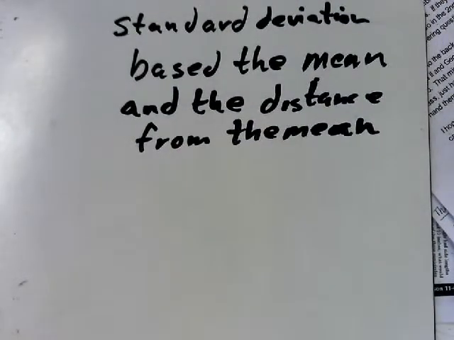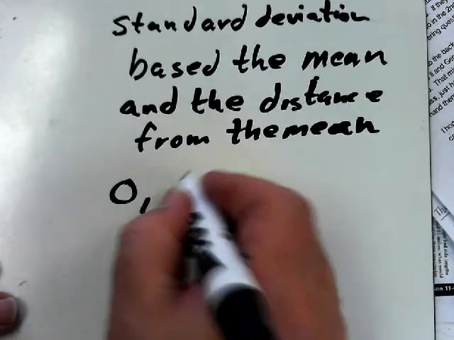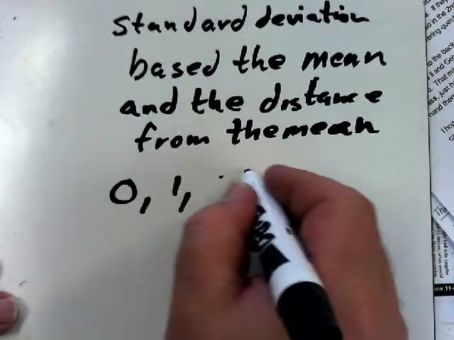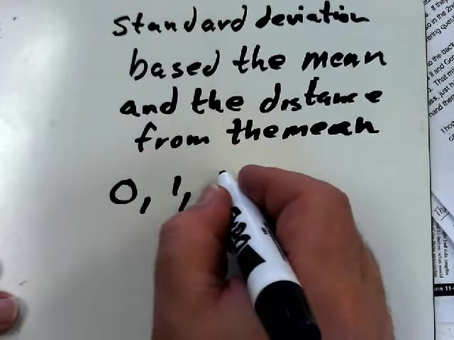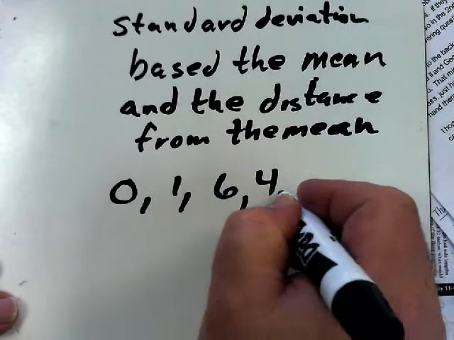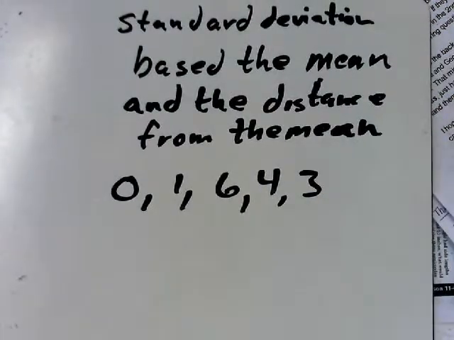So if I had, we're going to keep it real simple here, a simple set of data like 0, 1, 6, 4, 3. Okay, 5 pieces of data. If you start getting more than that, it's going to take you forever to figure this out.